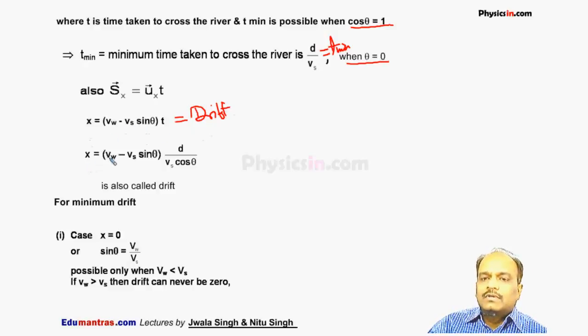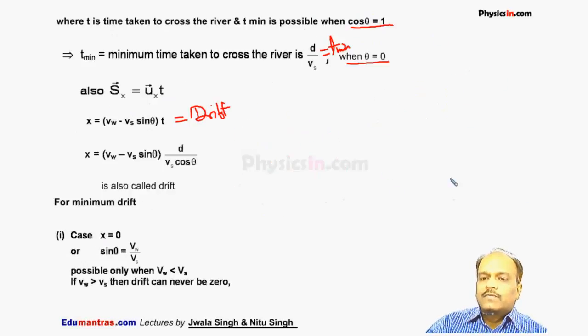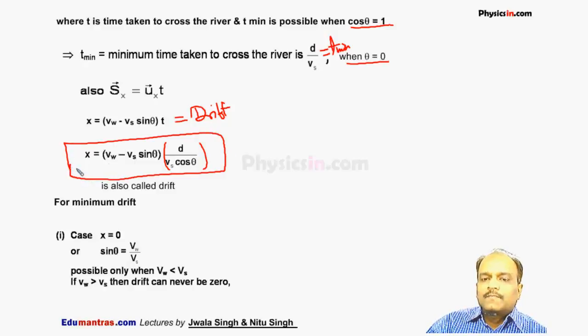Here t is the time taken to cross the river, and the general value of t is d by Vs cos theta. If I substitute the value of t, the drift of the swimmer is (Vw minus Vs sin theta) into d by Vs cos theta.